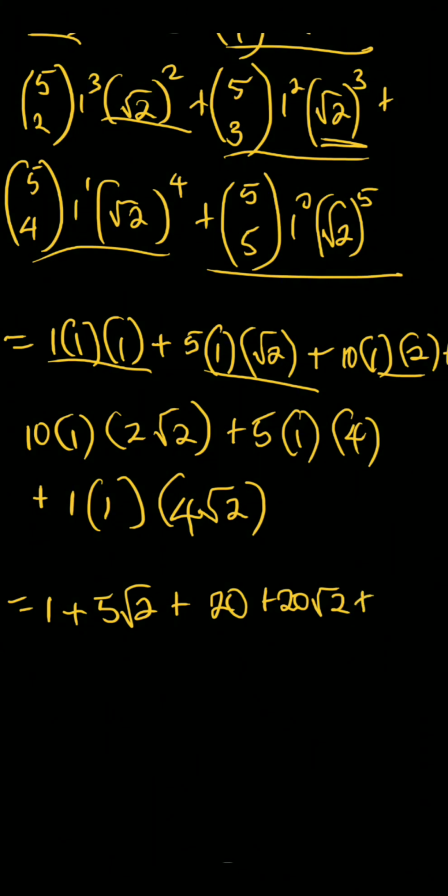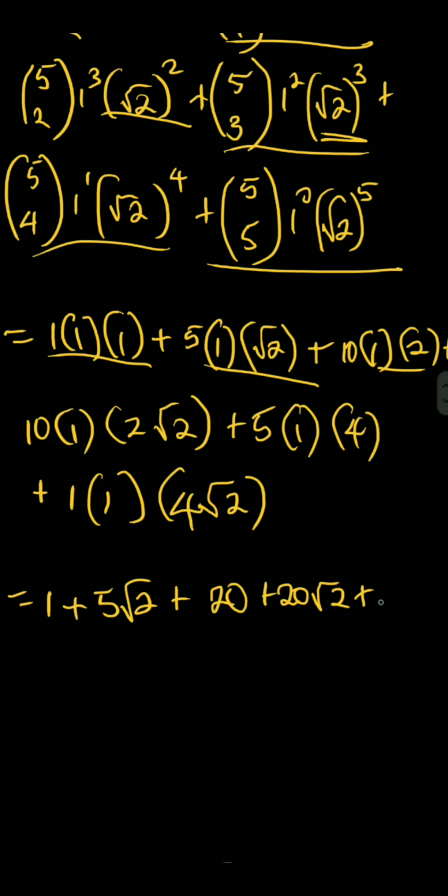This will give us a 20, then square root of 2. Then you say plus 5 times 1 times 4, we'll get a 20. Then you add with 1 times 1 times 4, so you get 4 square root of 2. So this gives us nothing but 4 square root of 2, the last part.